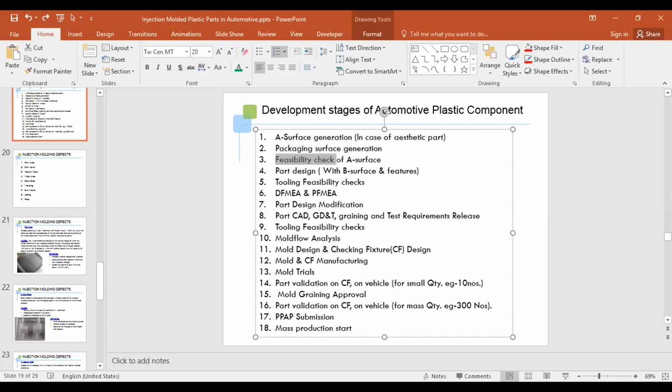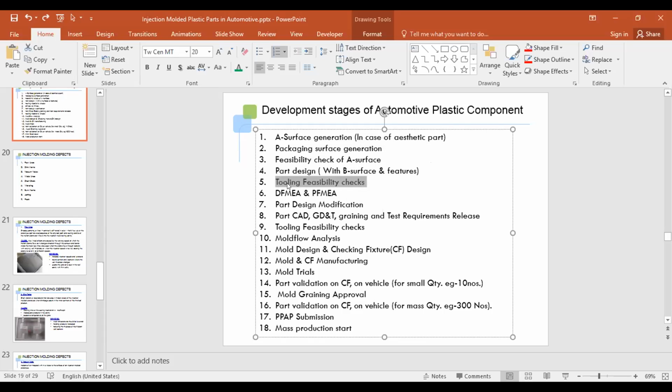After that passes, this will come for part design, normally with the tier 1 suppliers. The B surface and all other features are added to that A surface. Then it comes for tooling feasibility check, again on this complete part design with the A surface and B surface features, everything.